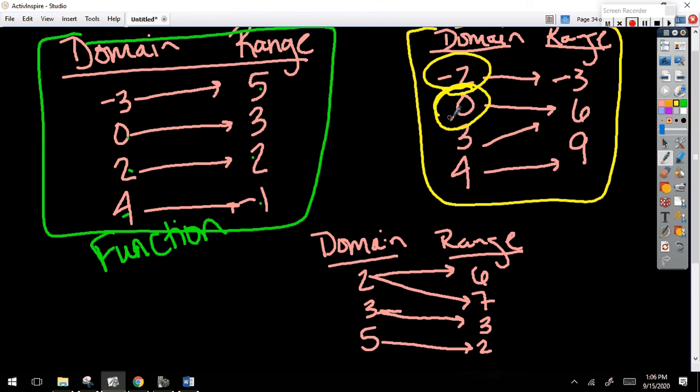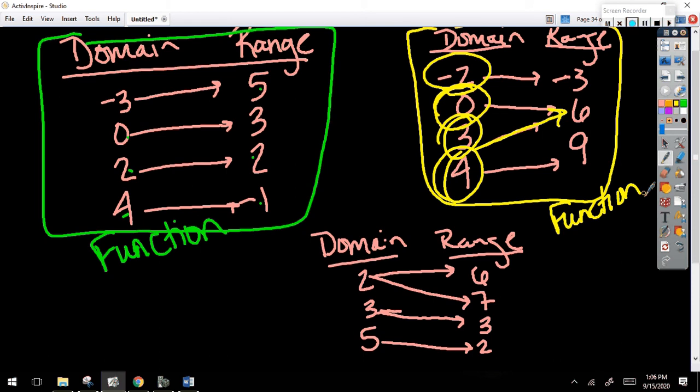One. 6 goes with that. How many Y's does 3 have? One. Look, for 3, it's only going to 6. How about 4? How many Y's does it have? One. So it is a function. These are the most confusing to try to determine functionality on, in my opinion. And I have to ask myself that. How many Y's does this one have? How many Y's does this one have?